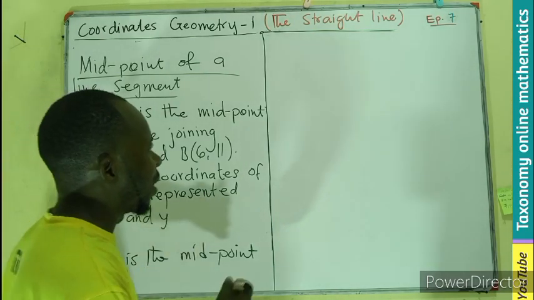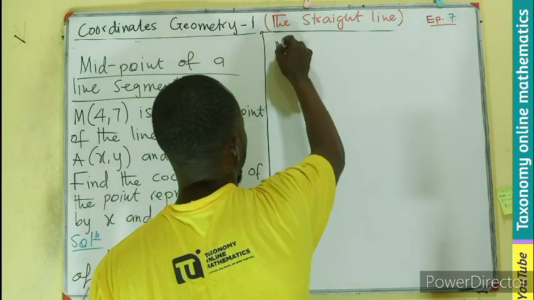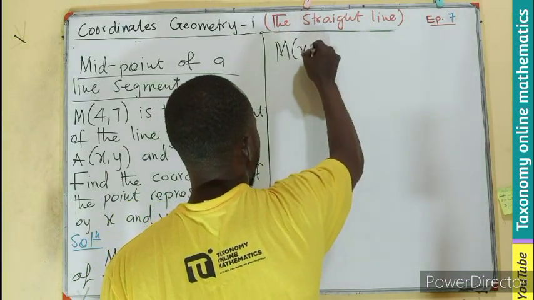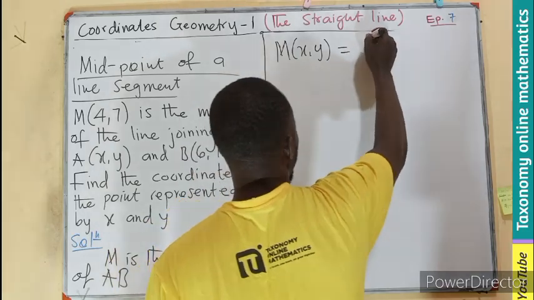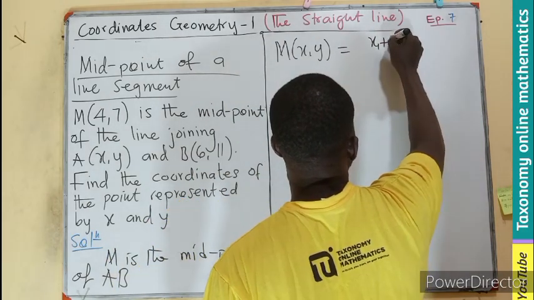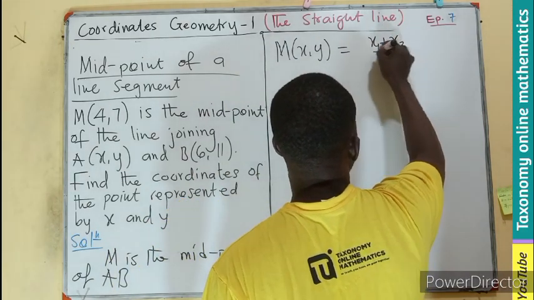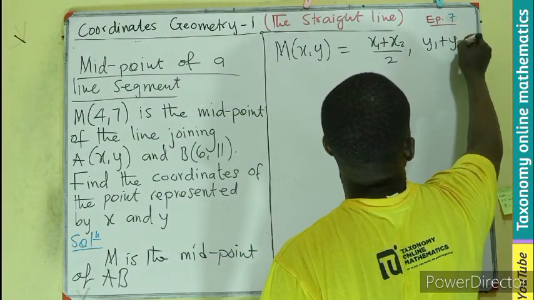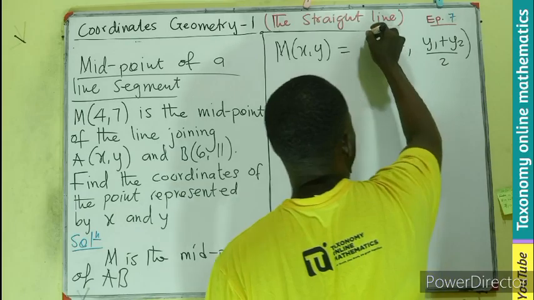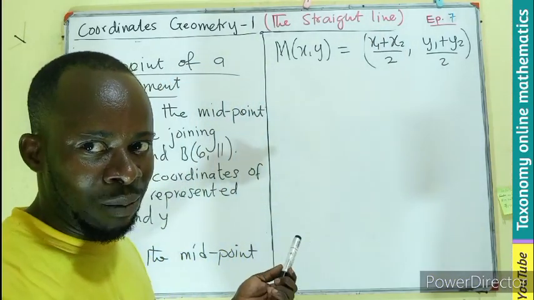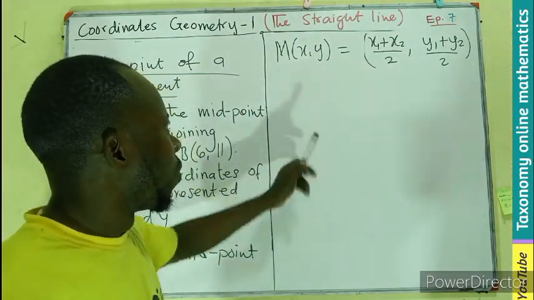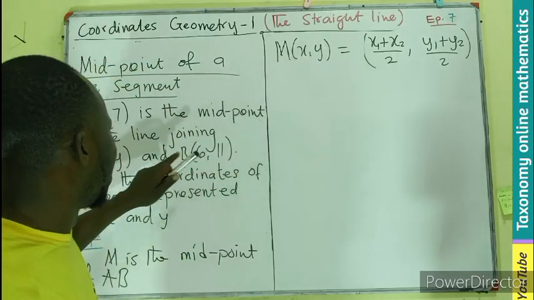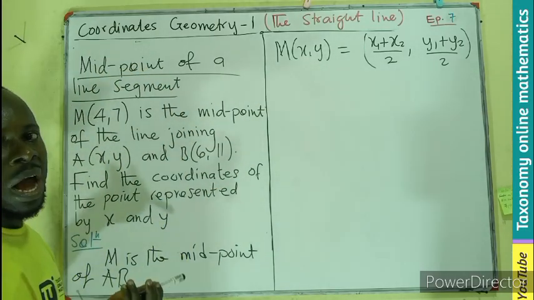What is the formula connecting that? We know the midpoint (x, y) equals ((x1 + x2)/2, (y1 + y2)/2) as the point. That's by formula, recall.